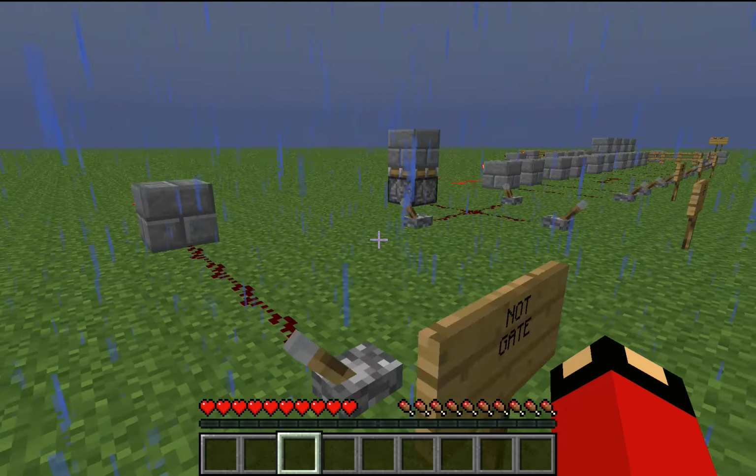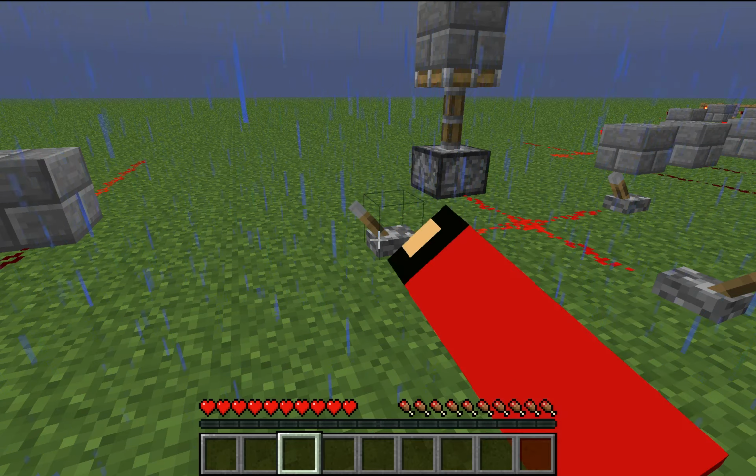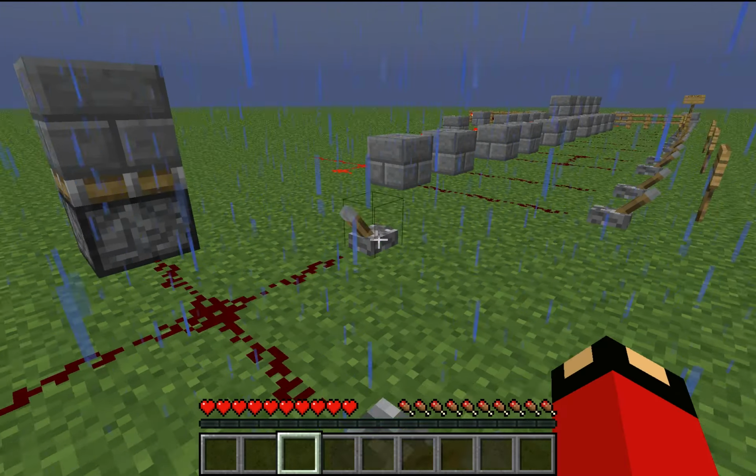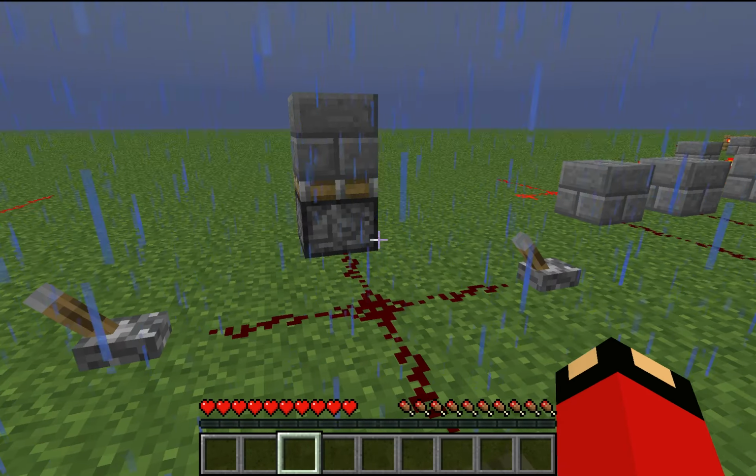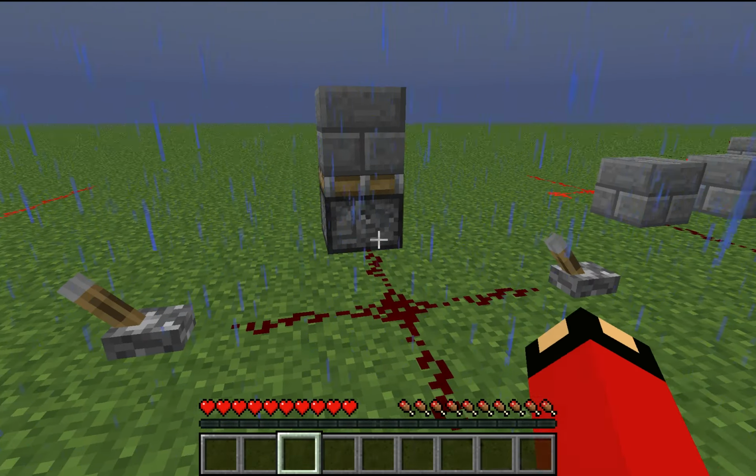The OR gate is pretty simple. The first few gates I'm going to show you are pretty simple. So, OR gate, which means whichever one you turn on, the output, which is right here, will always be a positive and will turn on. See?